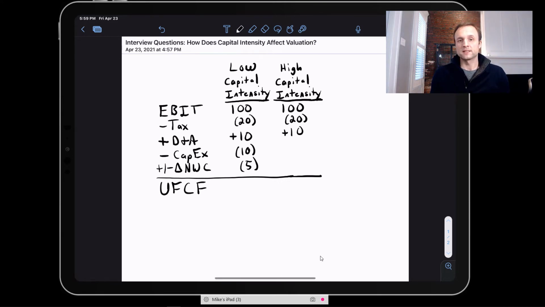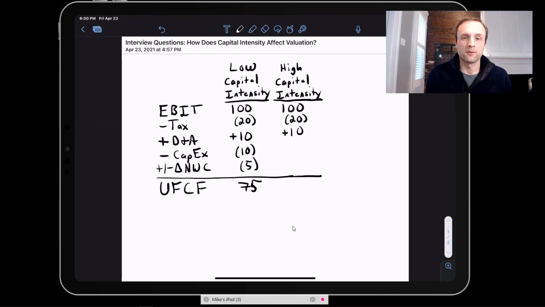And so now we have a business that has $100 of profit, less 20 of taxes. So that's going to get us to 80. We're going to add back depreciation and amortization. That gets us to 90 after those items. And then we're going to deduct 15 between capital expenditures and changes in working capital. So in the end, we'll have $75 of unlevered free cash flow. So let's plug that in here.